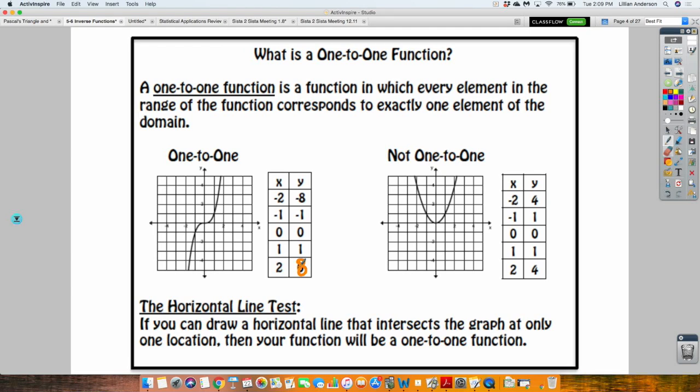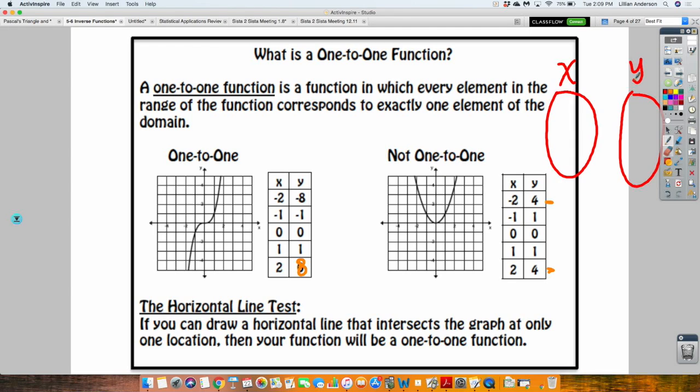But if you look at the quadratic, x squared is not a one-to-one function. As you can see, 4 is shared with -2 and +2. Another way this can be represented, I don't know if you learned this in Algebra 1, is mapping diagrams.